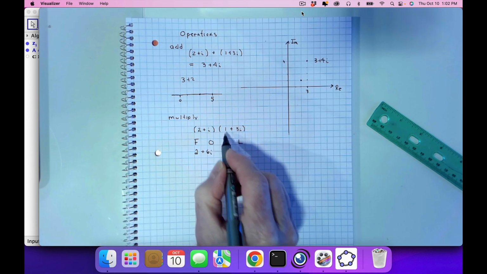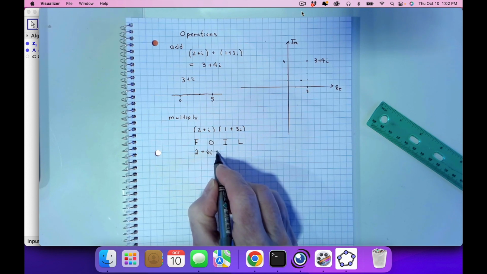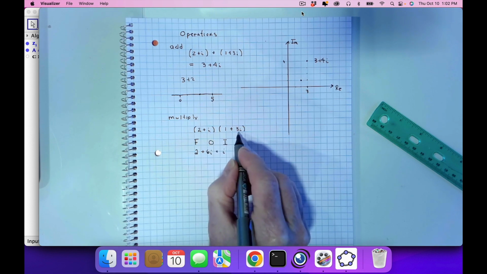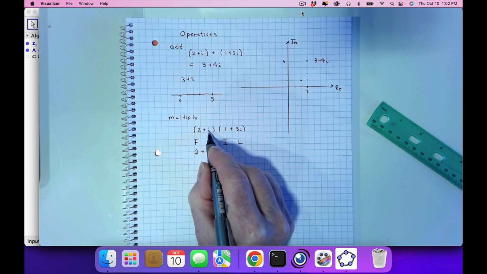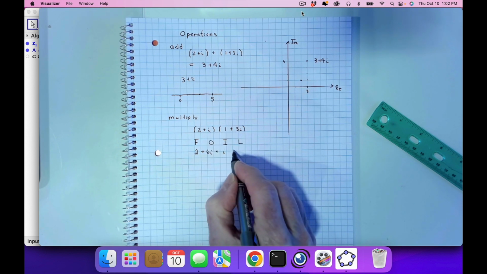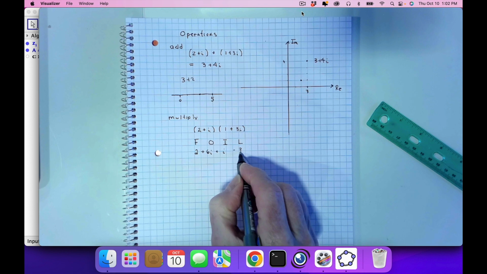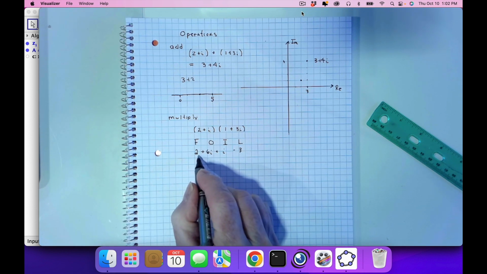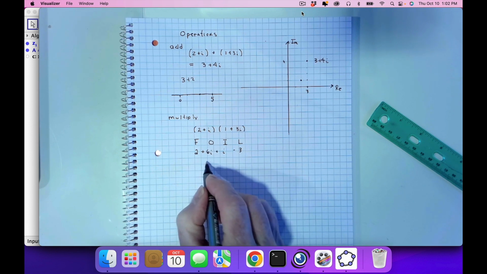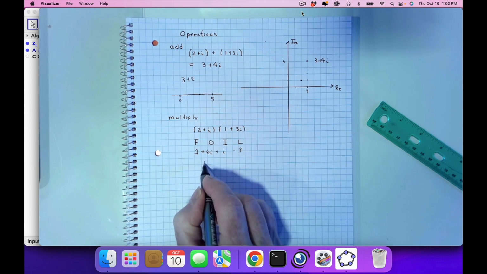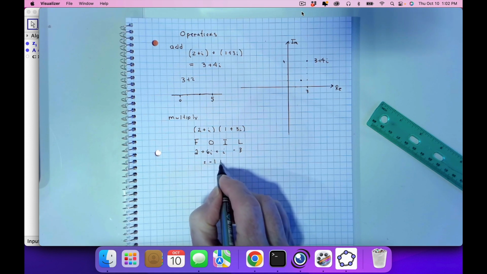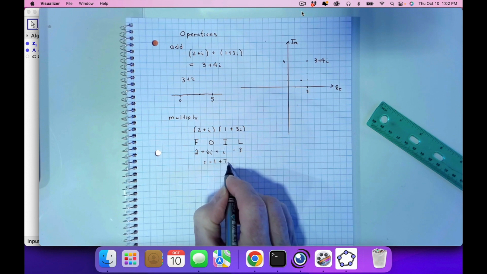I'll take the inner, which is plus i, and then the last terms is 3i squared, and i squared is -1, so it's minus 3. Now combining the real parts, I have 2 minus 3, so it's minus 1, and my imaginary part is plus 7i.